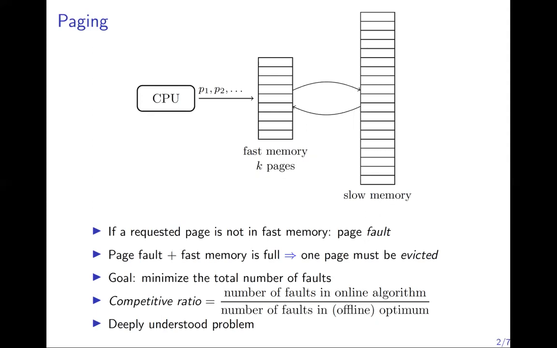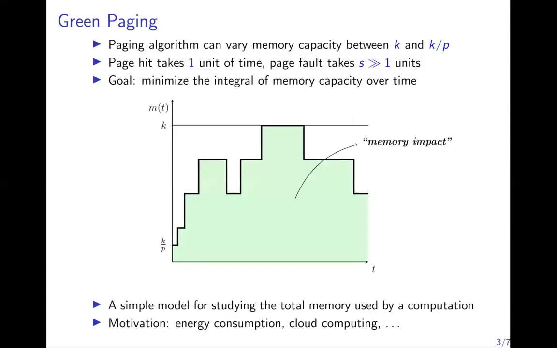In this paper, we focus on two variants of this problem. In the first one, which we call green paging, the paging algorithm can vary memory capacity between k and k over p. A page hit takes 1 unit of time, whereas a page fault takes s units of time, where s is much bigger than 1.